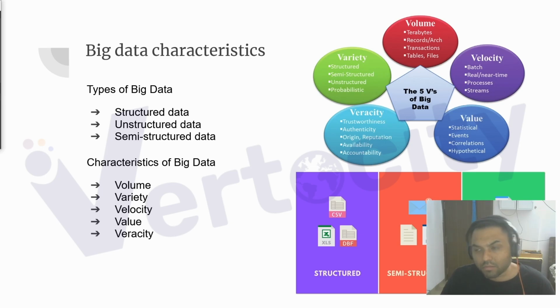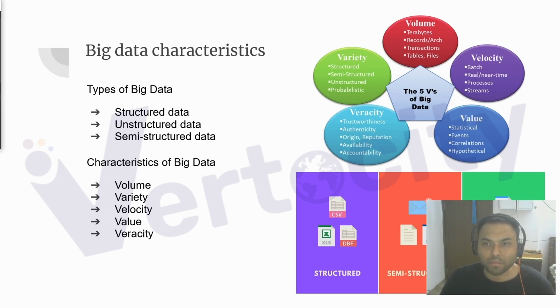Because the data should not be lacking in terms of quality or authenticity, because that would mean that you will not be able to generate any kind of useful insights from it, right? Because your data is not as authentic. So if data is prone to noise or bias, you should be able to clean it, you should be able to vouch for the data, and that's what veracity means from a big data source.